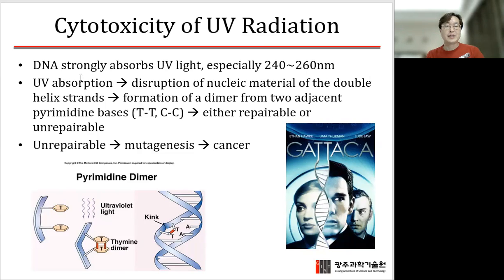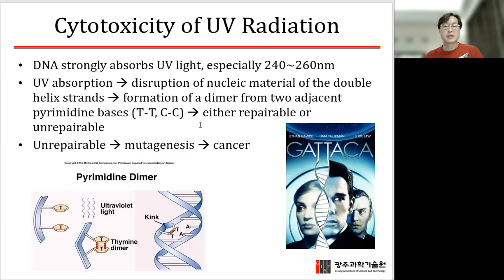So DNA strongly absorbs UV light, especially in the 240 to 260 nanometer range. UV absorption by the DNA will disrupt the nucleic materials of the double helix strands, and it can form a dimer from two adjacent pyrimidine bases, which is TT and CC.